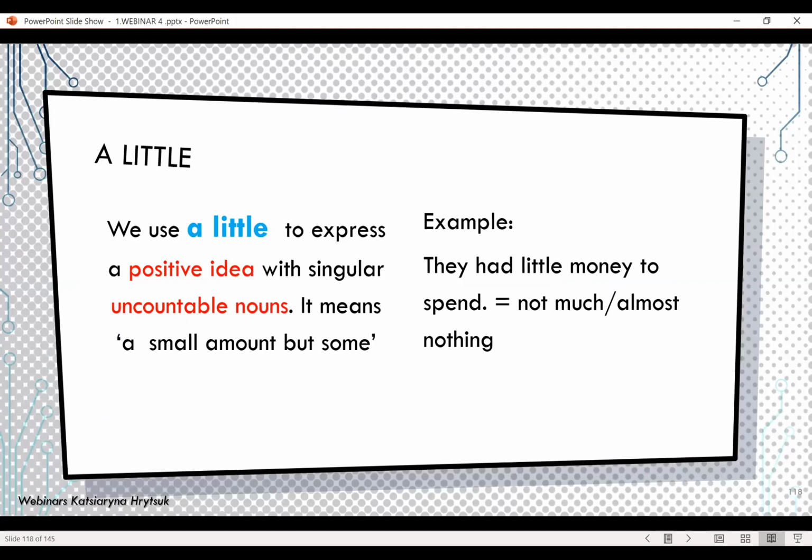We use a little to express a positive idea with a singular uncountable noun. If you see a, it gives a positive meaning to the sentence. They had little money to spend. It means they hardly have any money. They had a little money to spend. It means they still had a bit.